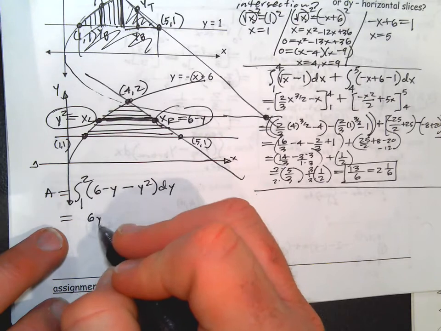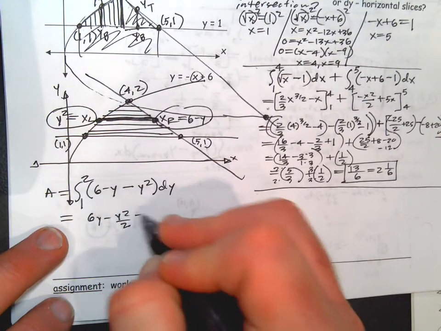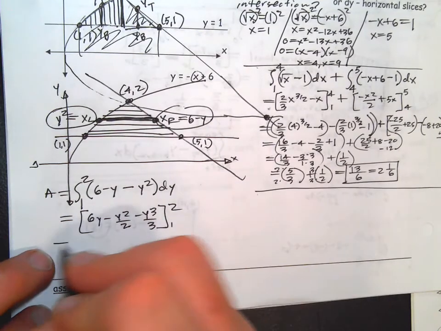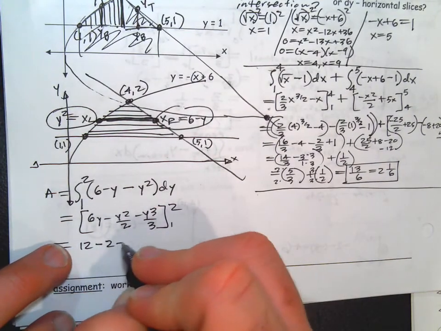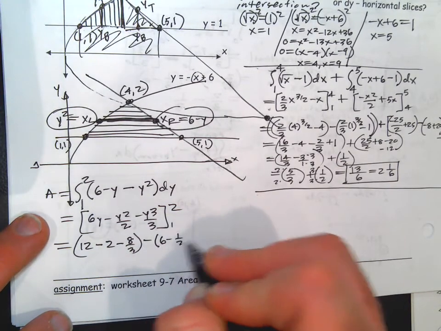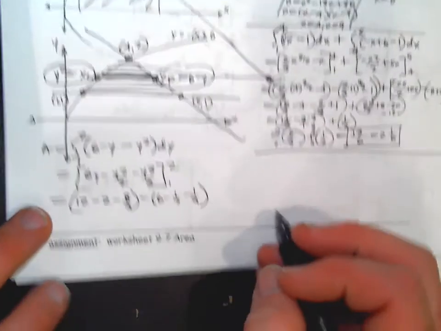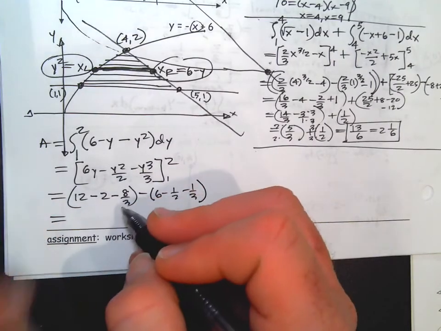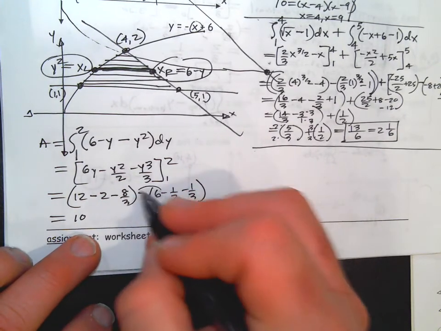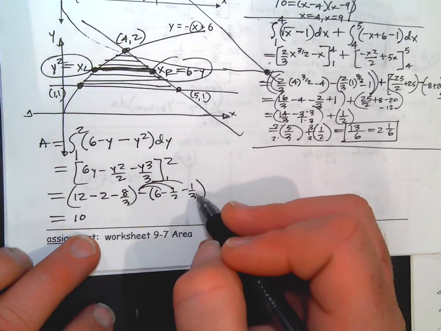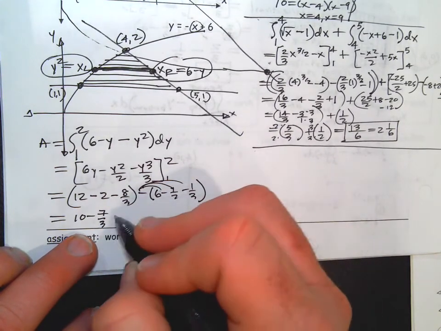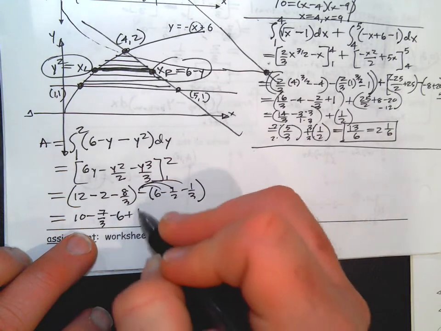It's going to be 6y minus y squared over 2 minus y cubed over 3. And then we're going to plug in 2. We're going to get 12 minus 2 minus 8 thirds. And then we're going to plug in 1. 6 minus 1 half minus 1 third. And so we're going to get 10 minus 8 thirds, plus, that's going to be negative 7 thirds, minus 6 plus 1 half.